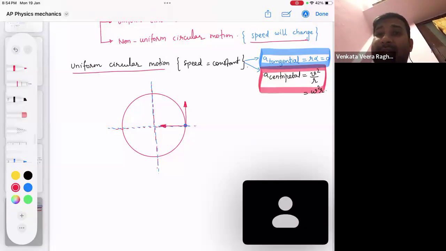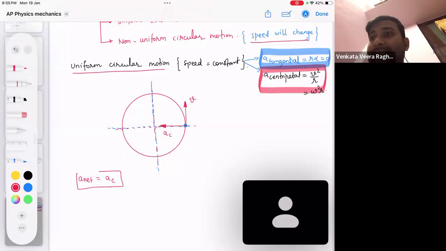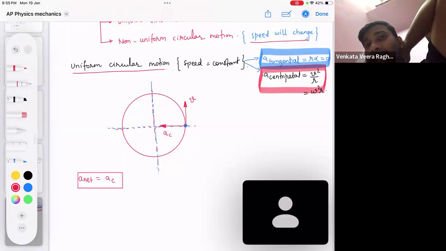Okay. So let's say this particle had the velocity v like this. Can I call this acceleration as ac? So in uniform circular motion, can I say net acceleration will be only the centripetal acceleration? Please tell me.